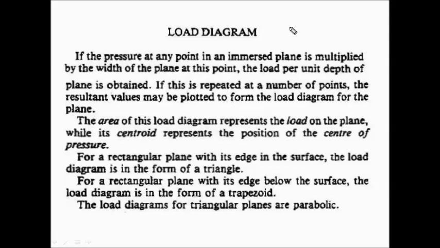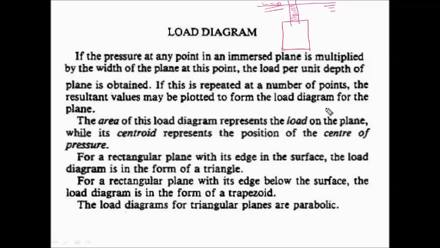Now suppose the condition is like this: you have one bulkhead, and the free surface will be somewhere here. Here you have a sounding pipe, and water is up to this level, h is equal to 0.